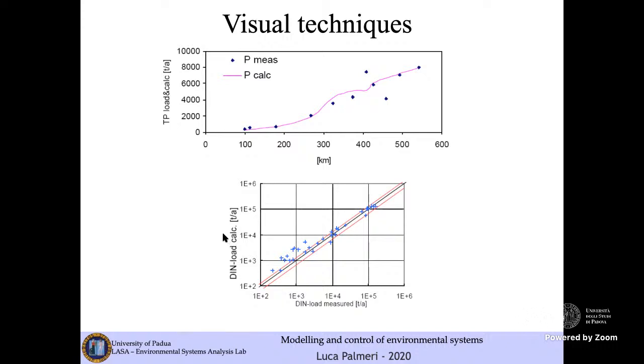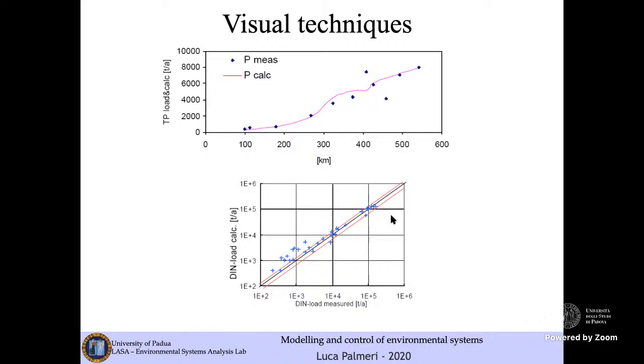What we observe is that, especially in the lower concentration range, the model is performing quite badly, meaning that when instead we go to the higher concentrations or higher loads range, the model is going quite well. And when we go into the detail of the model, we will give an explanation of this behavior.